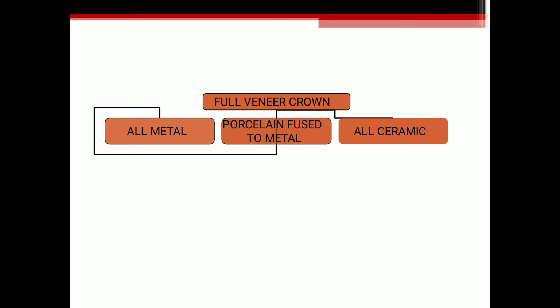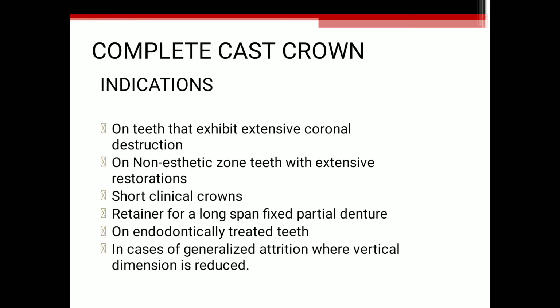And when you are giving all ceramic, for example zirconia, then your preparation differs. So depending upon the type of restoration you give, your preparation differs. Now coming to the cast metal crown, where it is indicated.